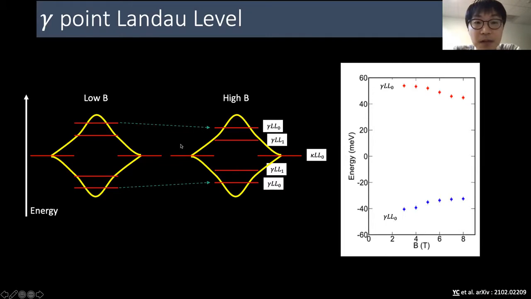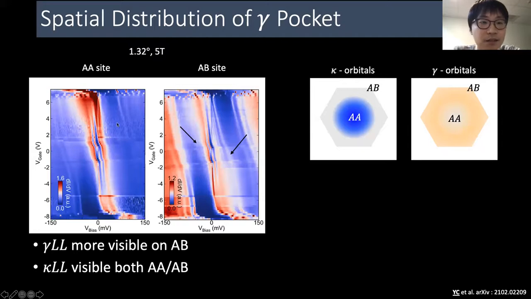If they are really from gamma pockets and kappa points, then as you increase the magnetic field, the gamma Landau levels should move closer. And indeed, the gamma Landau levels experimentally move closer with the magnetic field. Secondly, on an AA site, gamma Landau levels are missing, but on an AB site, they are more visible.